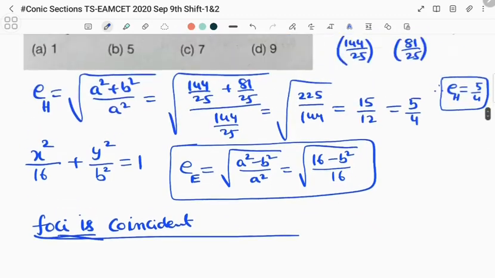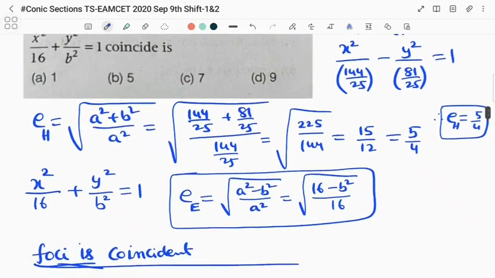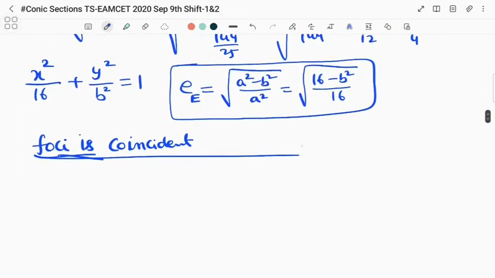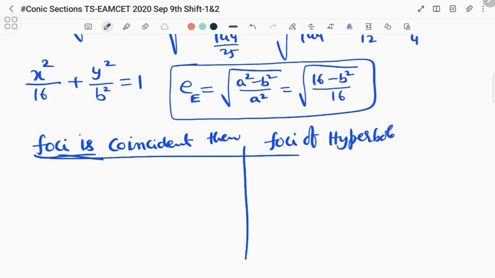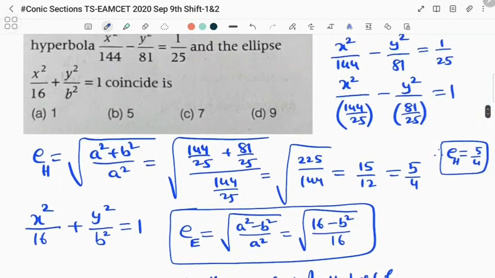So now, foci of hyperbola. Foci of hyperbola is plus or minus AE comma 0 only, no? Plus or minus A value according to this.